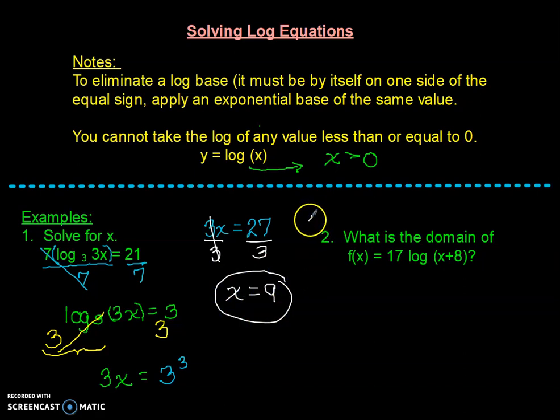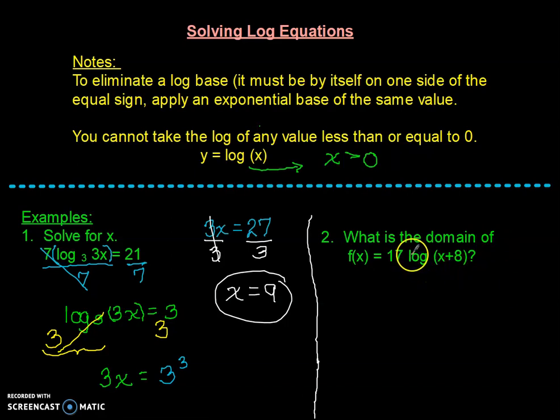All right, remember what we talked about previously. You cannot take the log of a number less than or equal to 0. So with that stated, for number 2, you're finding the domain of 17 log base 10 of x plus 8. If you don't see a base there, it is a base of 10.